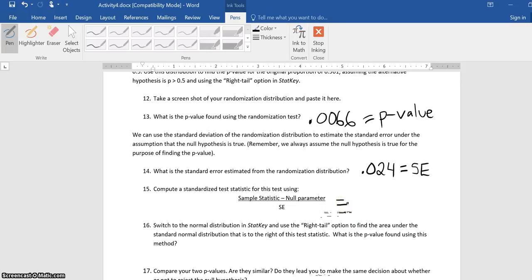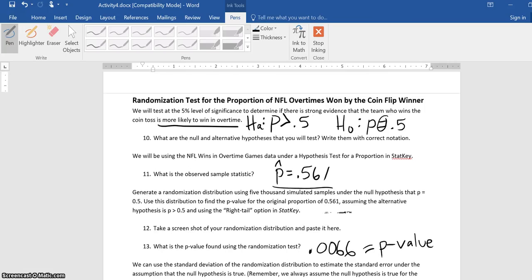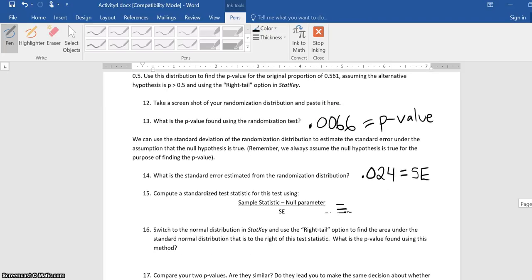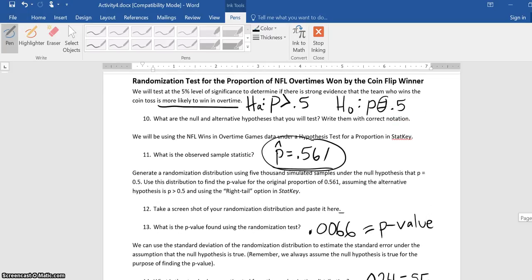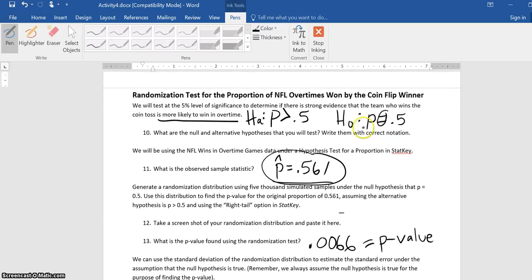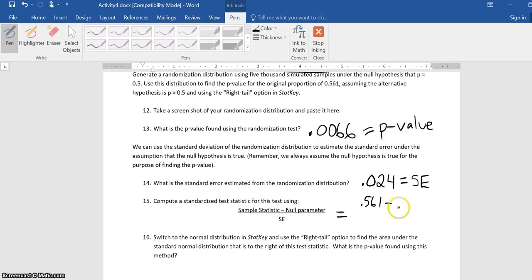Now I'm going to compute my standardized test statistic using my formula. So I'm going to take my sample statistic. Remember, that comes from the original data, and it's our p hat up here, 0.561. Then I'm going to subtract off my null parameter, also known as my hypothesized value. That comes from my null hypothesis. My null value is 0.5.